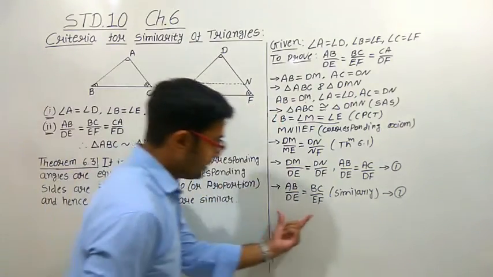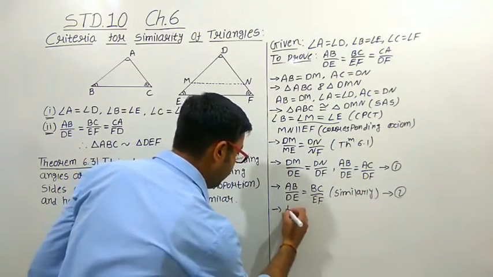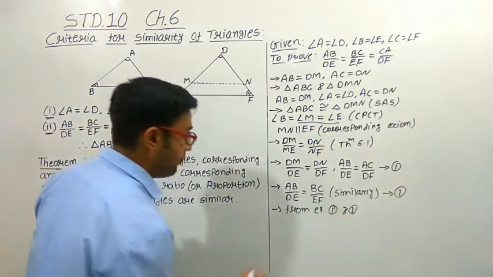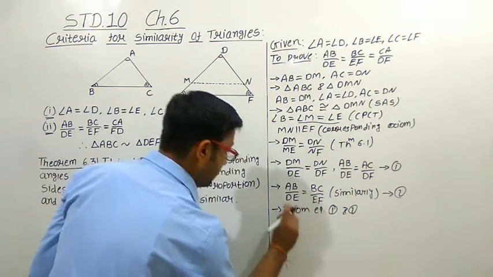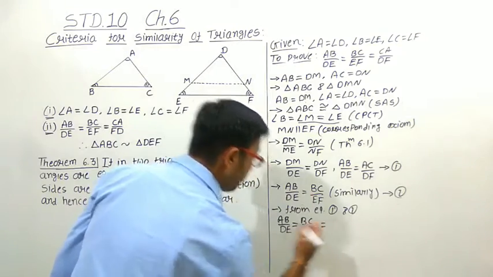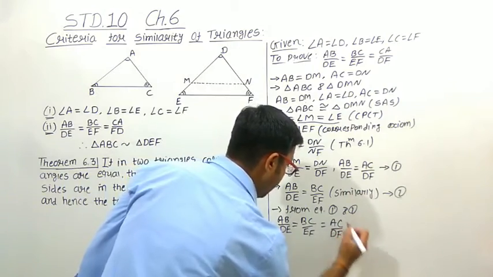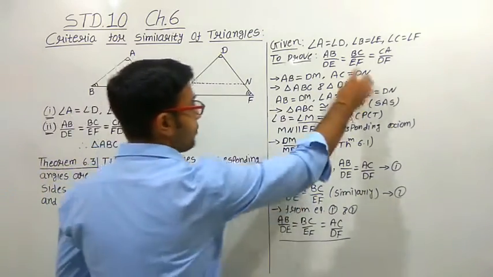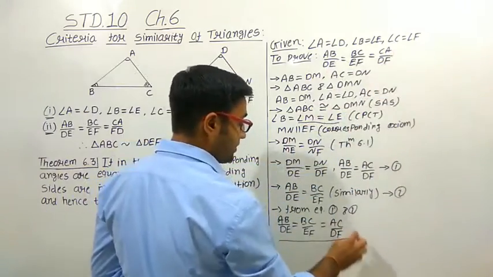So from equation number 1 and 2, we can write down that AB upon DE is equal to BC upon EF is equal to AC upon DF. This is the result that we had to prove: AB upon DE is equal to BC upon EF is equal to CA upon DF.